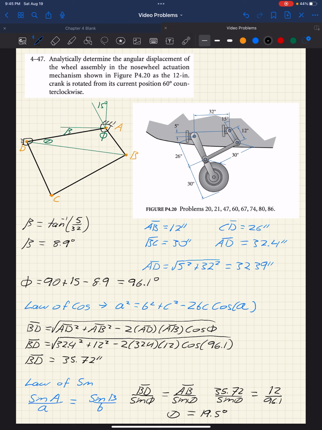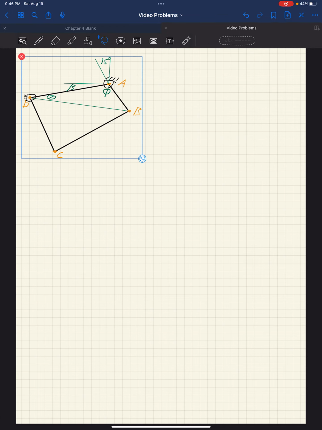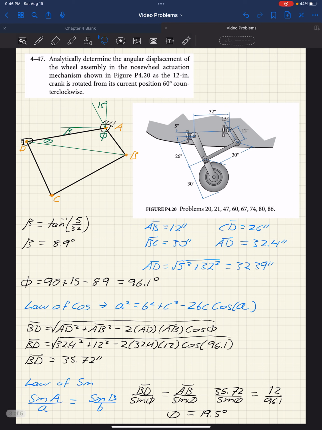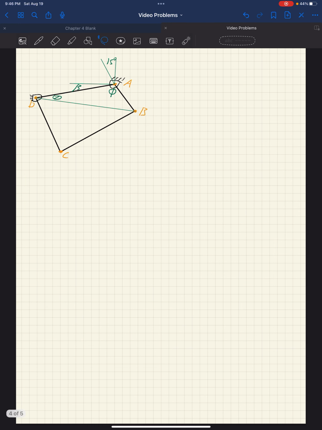All right, so now let's look at trying to solve this bottom triangle. We're going to have to move to another sheet, so I'm going to go ahead and copy this over. And I'm going to copy our lengths over as well, and our two angles.